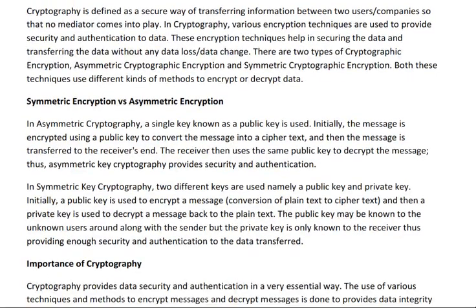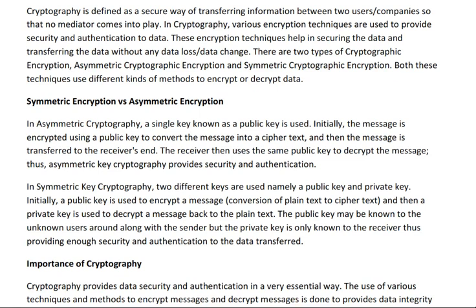In asymmetric key cryptography, two different keys are used, namely the public key and the private key. The public key is used to encrypt a message, and then the private key is used to decrypt the message back into plain text.